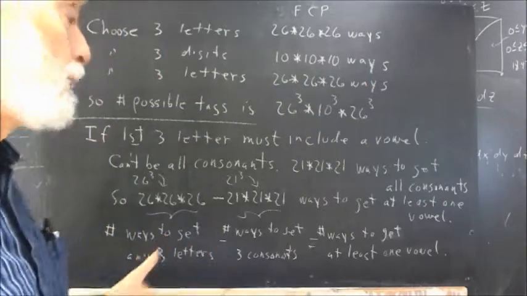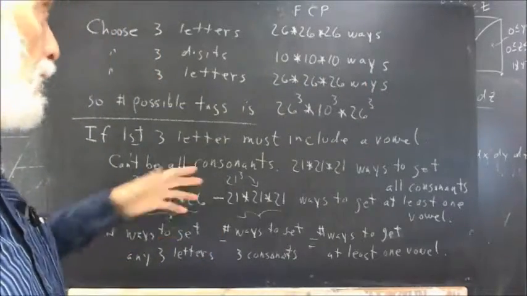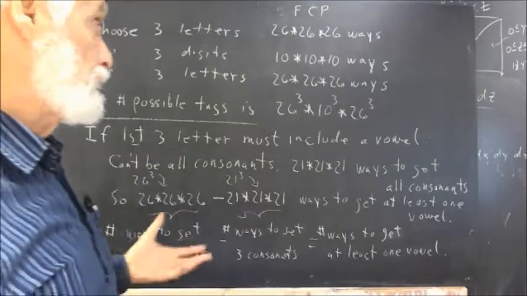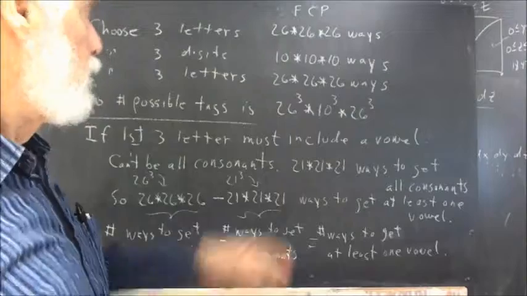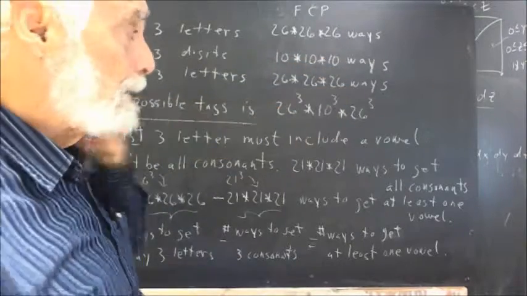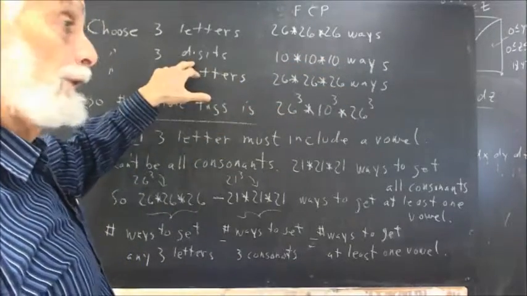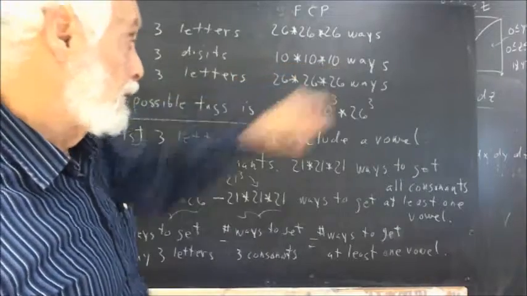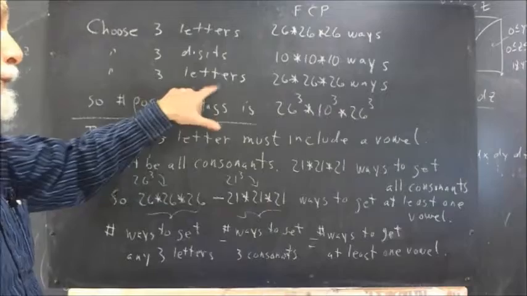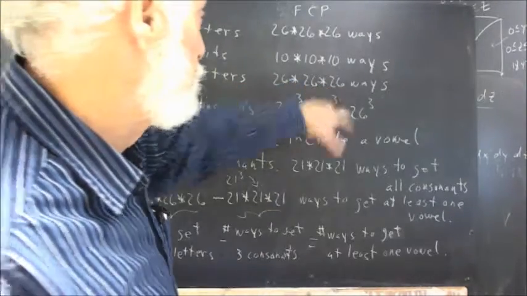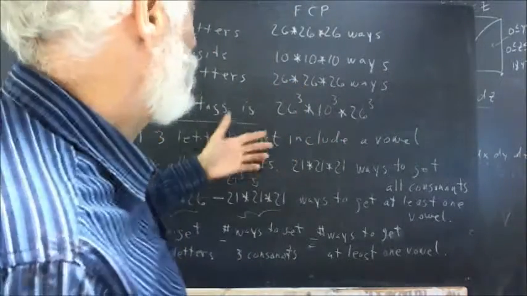Now, it's possible that on a license tag we might restrict the license tag from using 0 because it's too easy to confuse with an O, in which case there'd be 9 times 9 times 9, but there's no restriction on the digits, so we're going to assume 10 times 10 times 10. And then there are 3 letters, again, 26 times 26 times 26 ways.